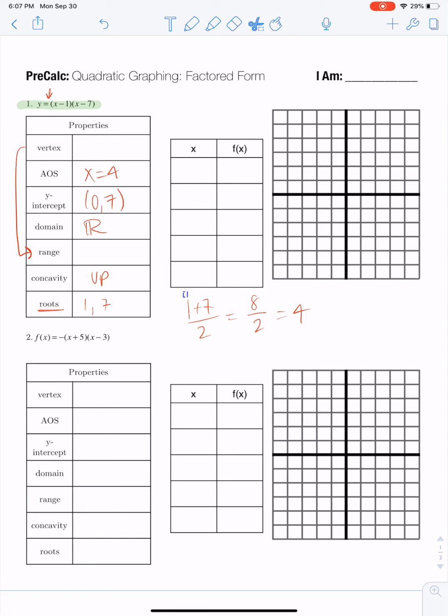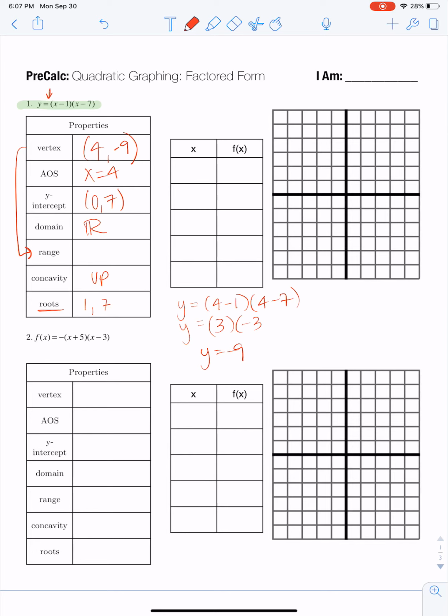And based on that, I can go ahead and plug in 4 to find the y-coordinate of my vertex. So here I have 4 comma something for my vertex. Y is equal to 4 minus 1 times 4 minus 7. So y is equal to 3 times negative 3. So y is equal to negative 9.